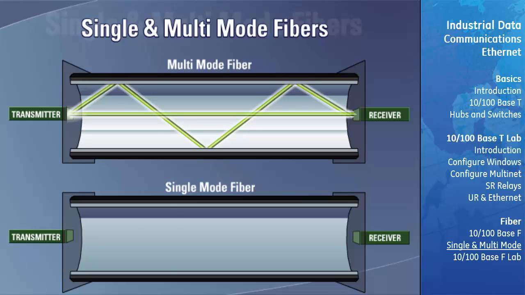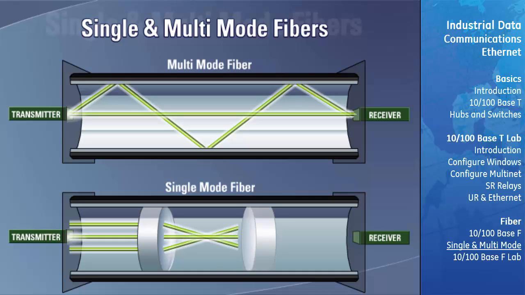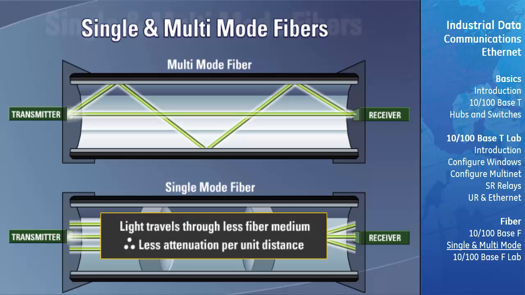Single-mode fiber's construction is such that it acts as an elongated lens that is continuously focusing the light into the center of the fiber. Using these two analogies, it can be imagined that light traveling through a single-mode fiber travels through far less fiber medium, resulting in far less attenuation per unit distance than does the light traveling through a multimode fiber.